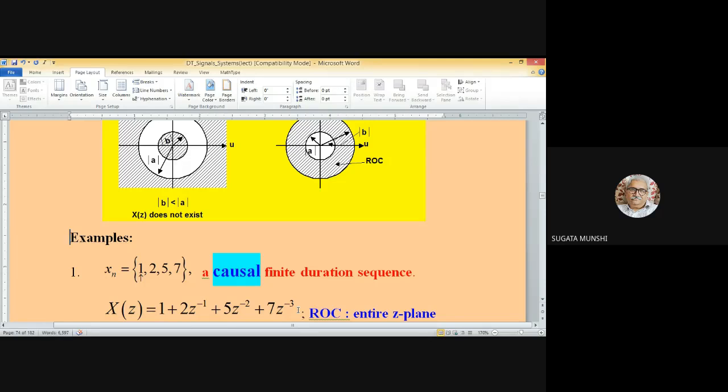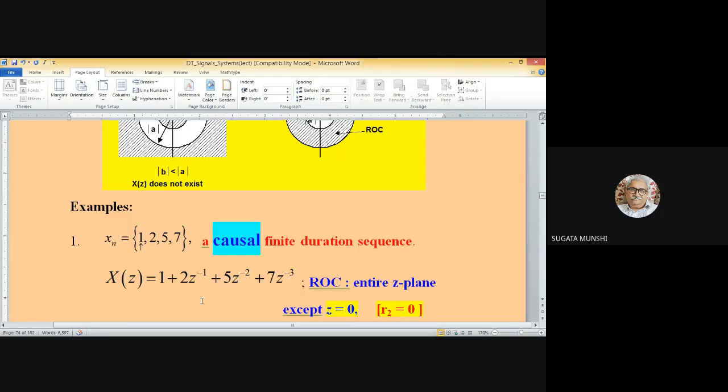So if you accept that this is the expression for the Z transform, then what is the ROC? Obviously, the ROC will be the entire Z plane with the exception of Z equal to 0, isn't it? Because this term is 1, this term is 2 by Z, this term is 5 by Z square, this term is 7 by Z cube.